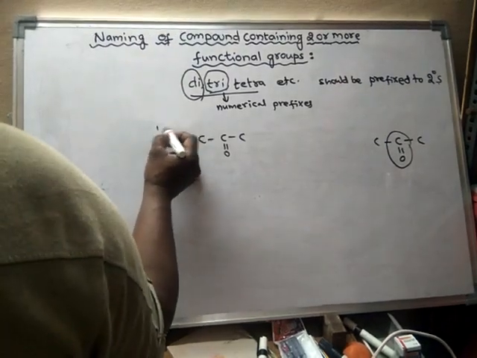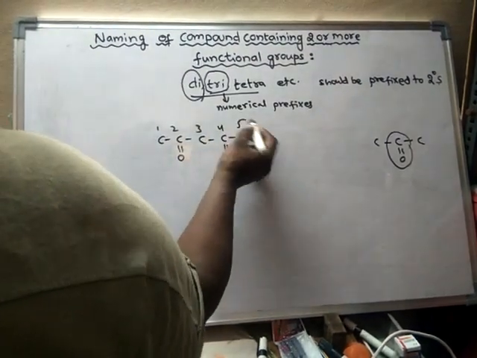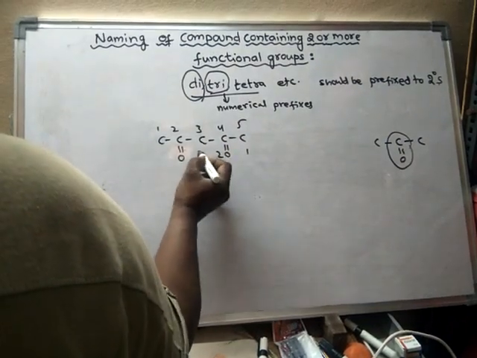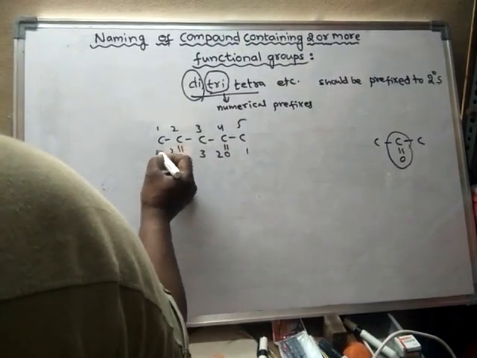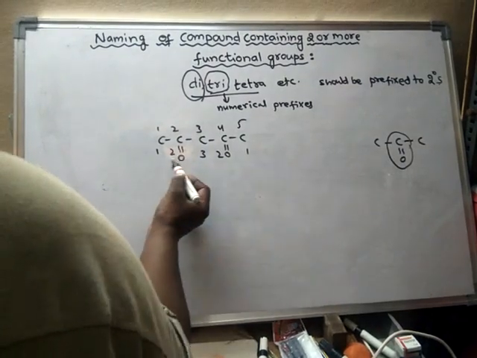If I give numbering 1, 2, 3, 4, 5, even from the opposite side, it will give the same result.